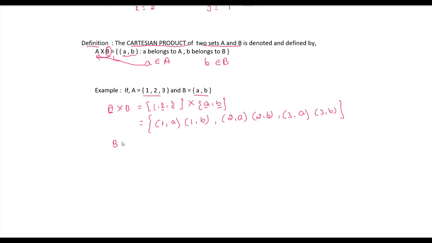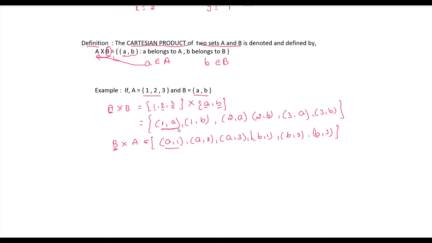Similarly, you check for B cross A. B cross A should have the elements of B as the first element of the ordered pair. That is (a, 1), (a, 2) and (a, 3). Now (b, 1), (b, 2), (b, 3) as the elements. Now you can see that elements of A cross B and elements of B cross A are not same.